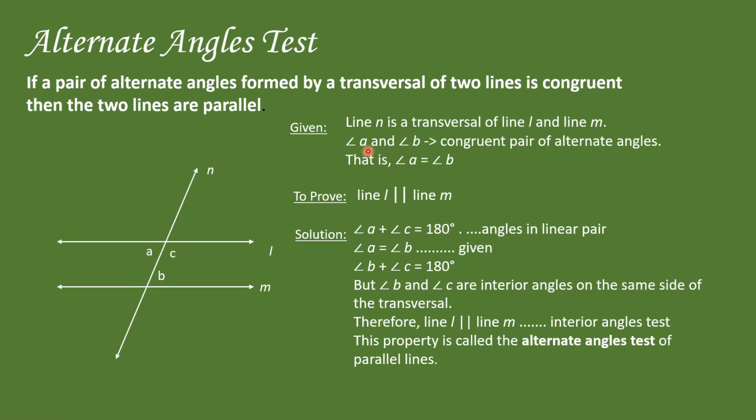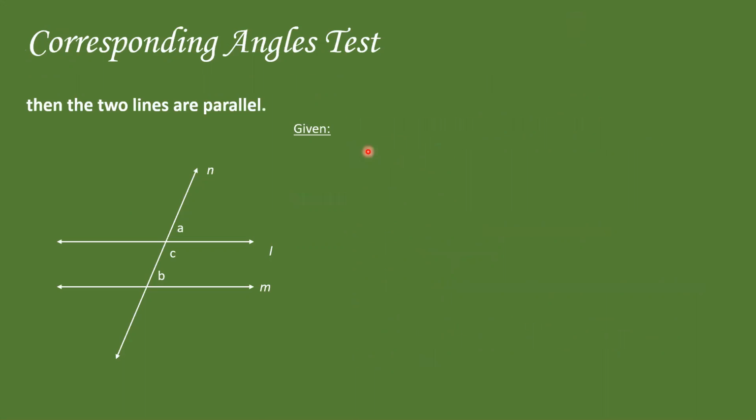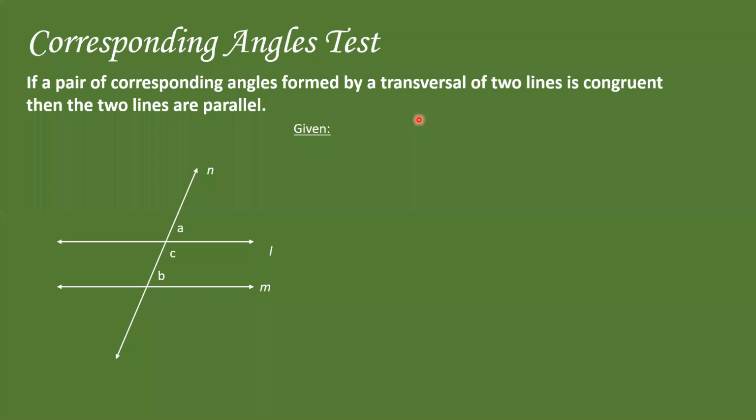So the next test we go to, folks, is the corresponding angles test. Sorry for that animation. I'm going to request someone to come off mute and read this, someone who has not spoken in our class yet.